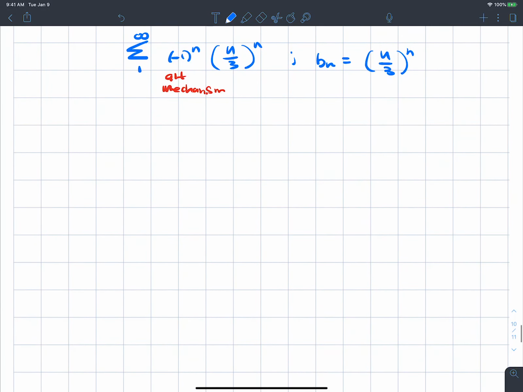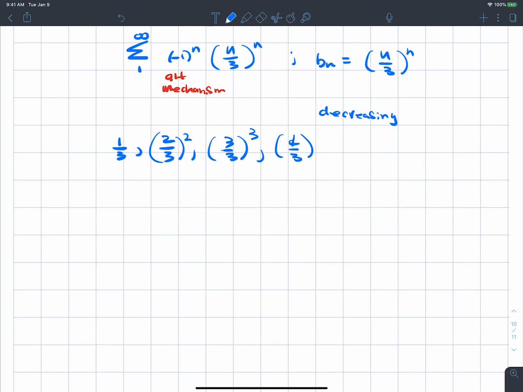And this is decreasing. Right? If you look at your terms, you might say, okay, my first term will be 1 over 3. The second term is going to be 2 over 3 squared. And then 3 over 3 cubed.